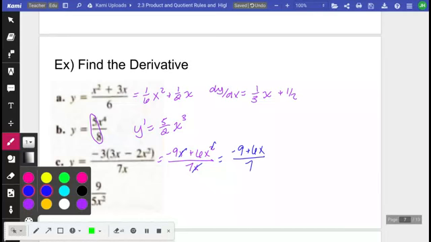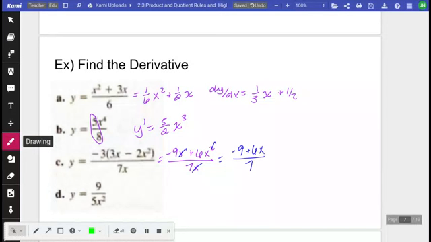And just like the one earlier, part A, where we gave each one the 7, if I do dy over dx, the derivative of -9/7 is 0, so I'm not going to write it, and the derivative of 6/7 x is just going to be 6/7.